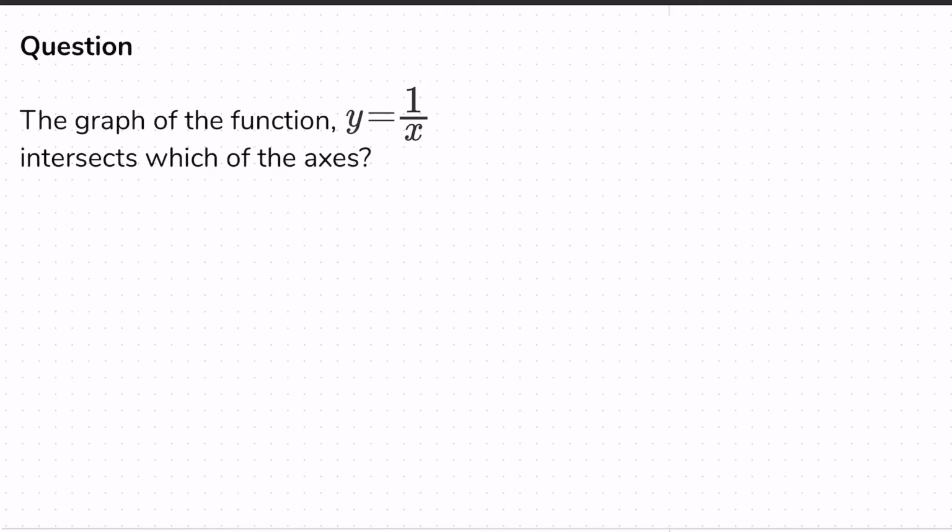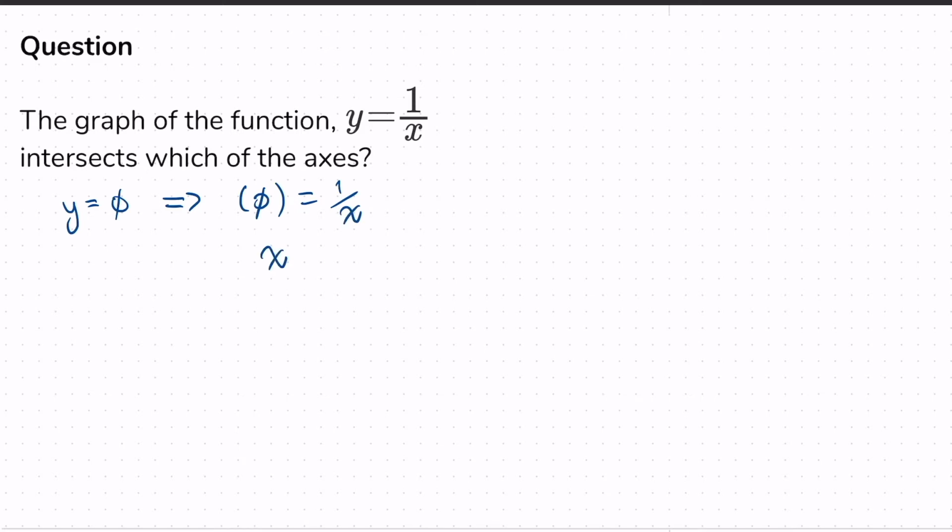Now we have the graph here, y equals 1 over x, and it's asking us which of the axes it's intersecting. Well, the first thing I can do is just ask, where is the x-intercept? If one exists, it'll give me an answer. Well, the x-intercept is when y is equal to 0. So let's substitute that. If y is equal to 0, then I get this.